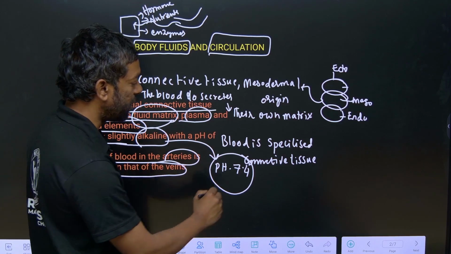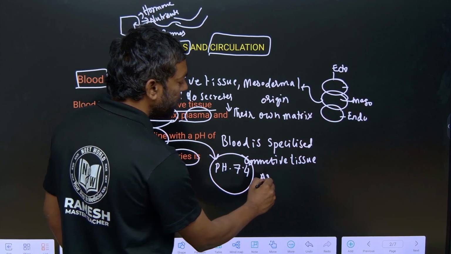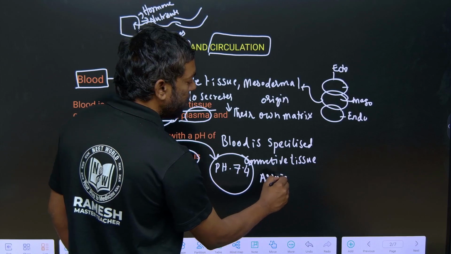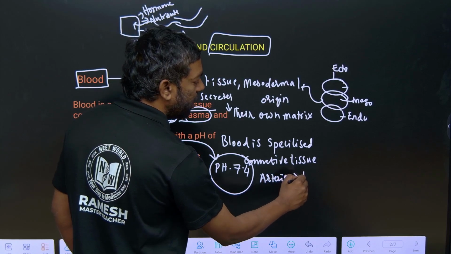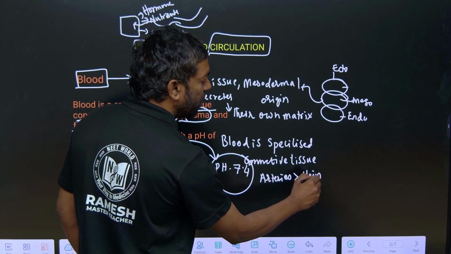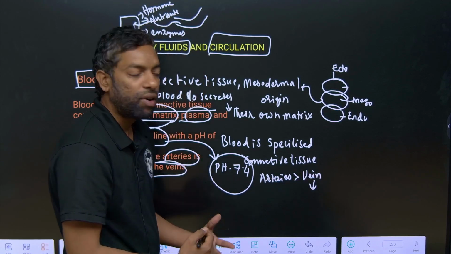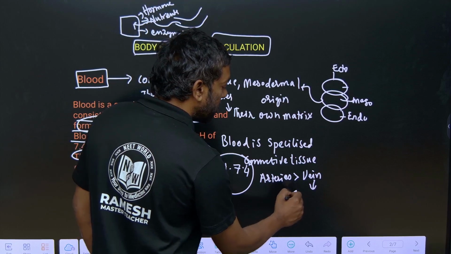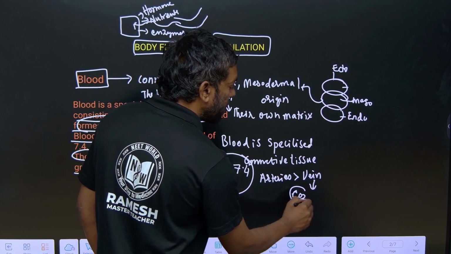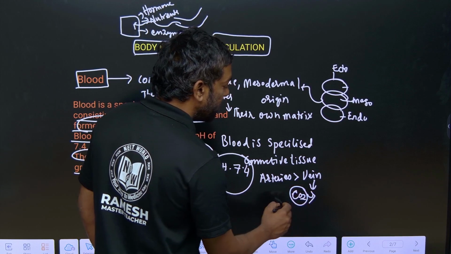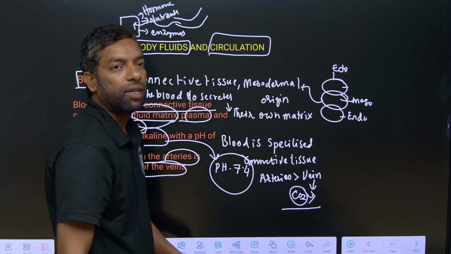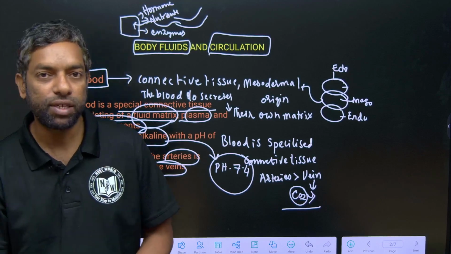This is most important. Arterial pH is greater than venous pH, because there is carbon dioxide in the veins, which carry deoxygenated blood.